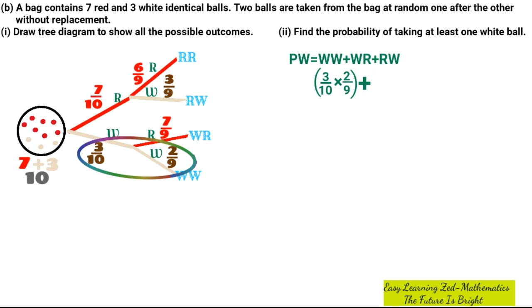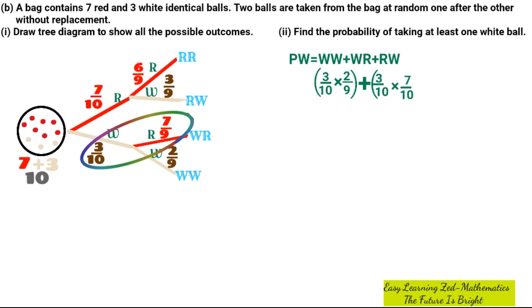I'm going to use those probabilities I've circled for WR. That means at first I pick a white ball, then second I pick a red ball. So the probabilities are 3/10 and 7/9, multiplied. There should be 9 where I've written 10; I'm going to change it at a later stage. Close bracket.